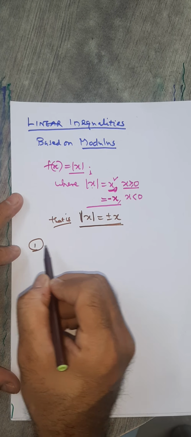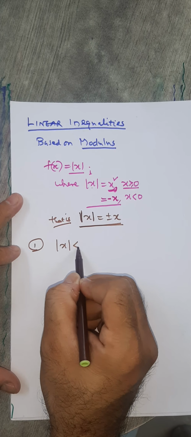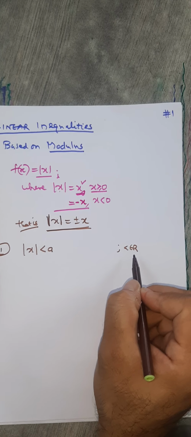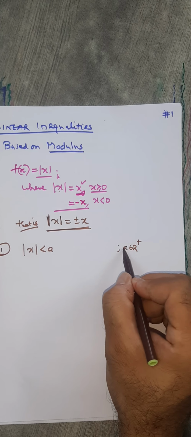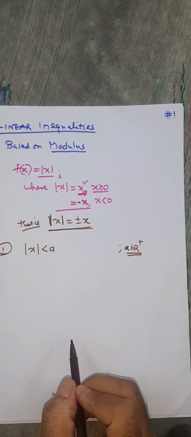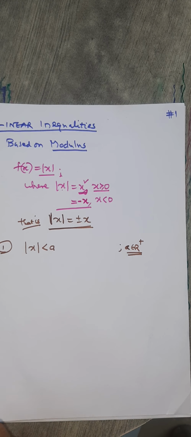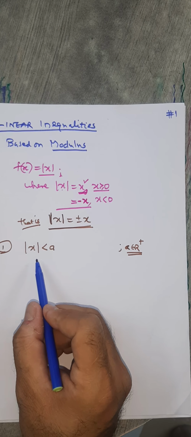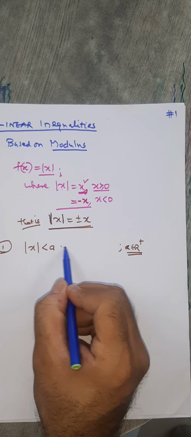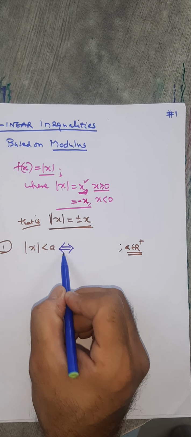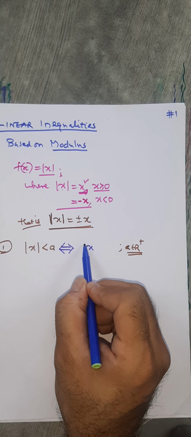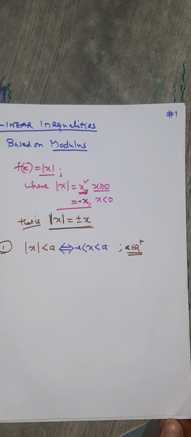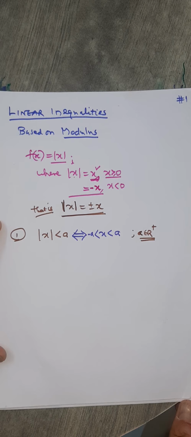So here the first result, that is modulus of x is less than a, where a is any positive real number, remember, a belongs to R plus. Modulus of x is less than a if and only if, so I'll write double implication, x is between minus a and plus a.